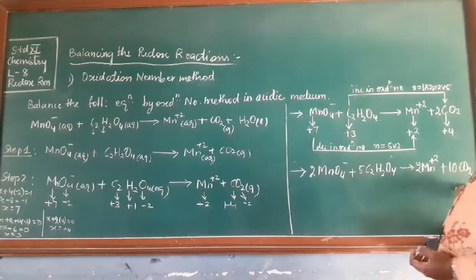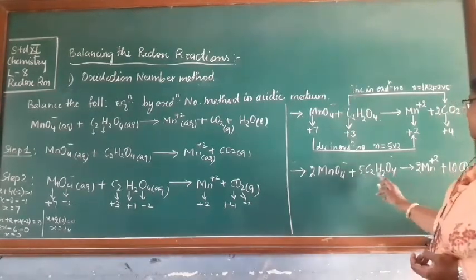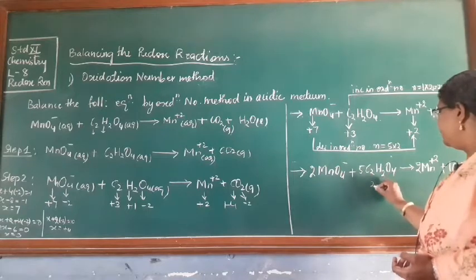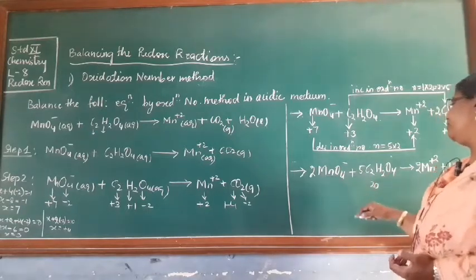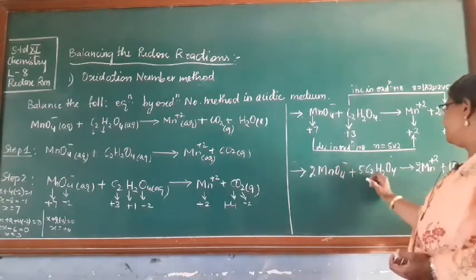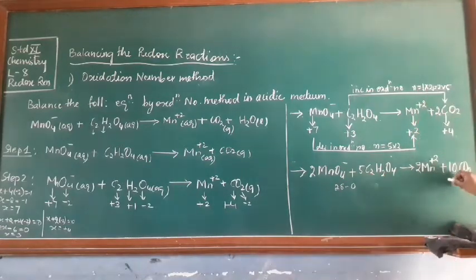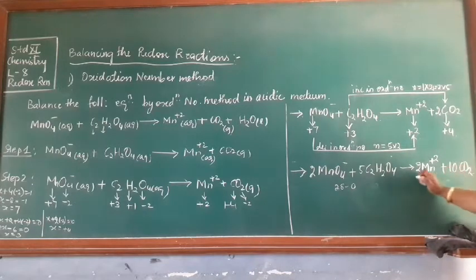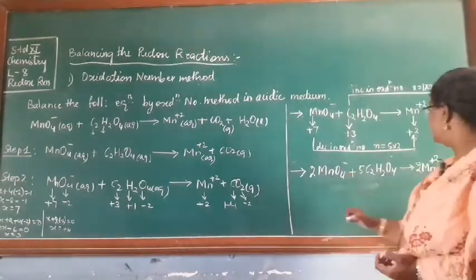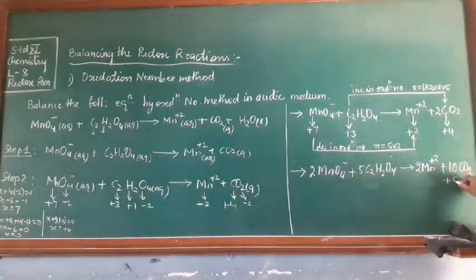On the right hand side, 10 into 2 is 20 oxygen. On the left hand side you have 5 fours are 20 plus 4 into 2 is 8, so there are 28 oxygen on the left and 20 on the right, so I should add 8 more oxygens, which you can add as water molecules, H2O.